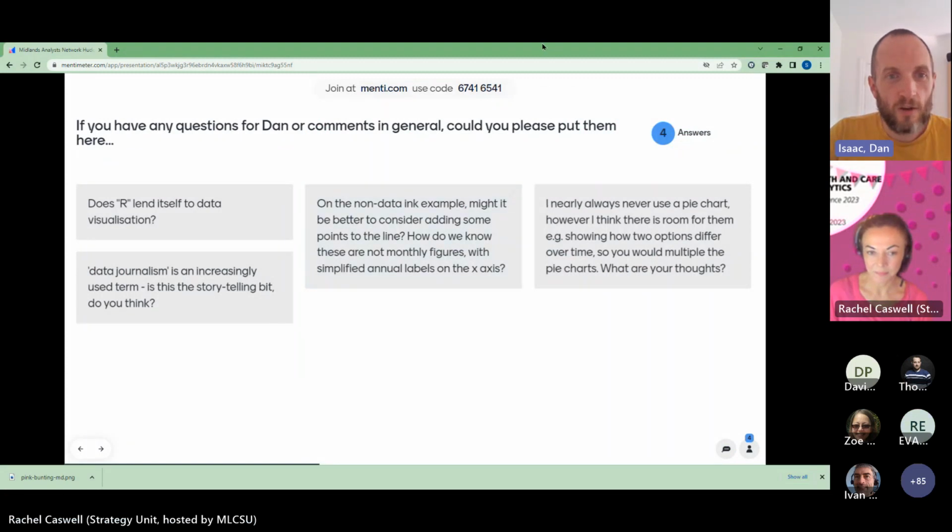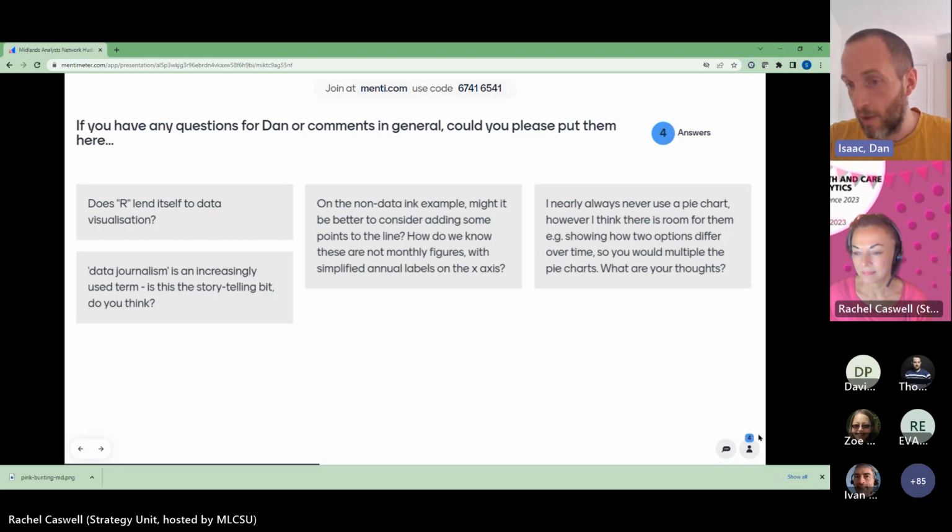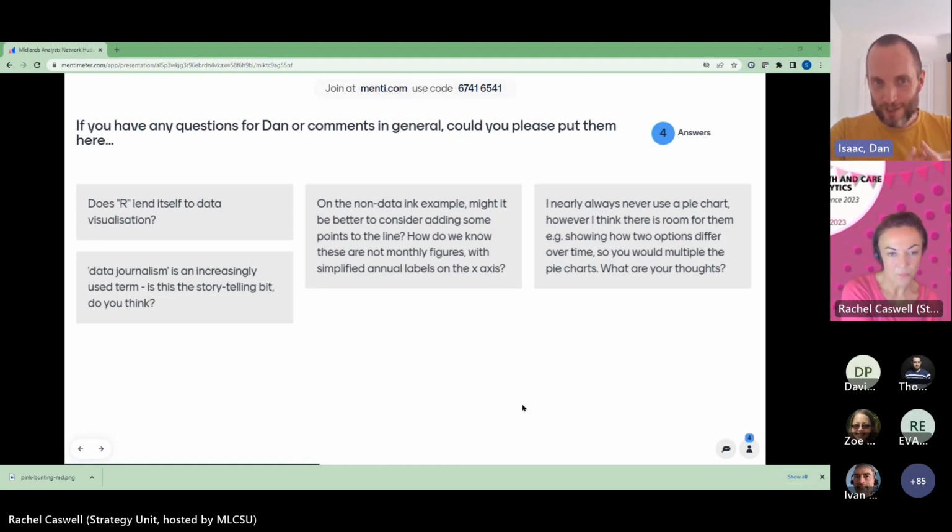Does R lend itself to data visualization? I am completely tool agnostic. So I think that basically whatever tool you are using or whatever code you are using, you can learn to create great data visualizations. I think a lot of visualizations that I've seen come out of R tend to look a bit naff. And I think that is just because possibly people haven't taken the time to really curate them, really edit them to make them look nice.